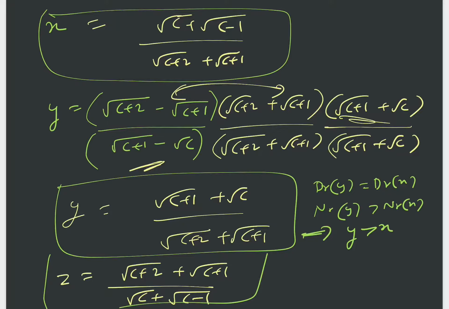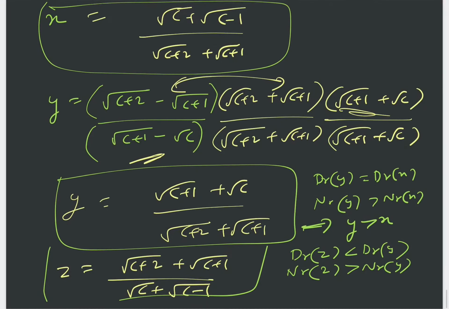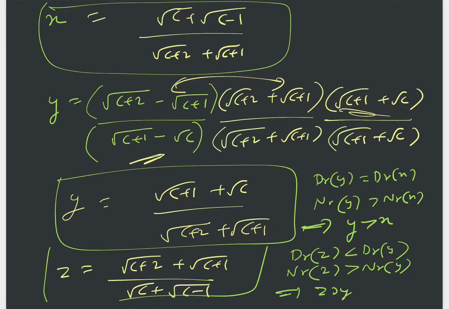Next, let us compare y and z. So you can see that the denominator of z is less than the denominator of y, and the numerator of z is also more than the numerator of y. So clearly z is greater than y, right? Because if the denominator is less, then the number is more.